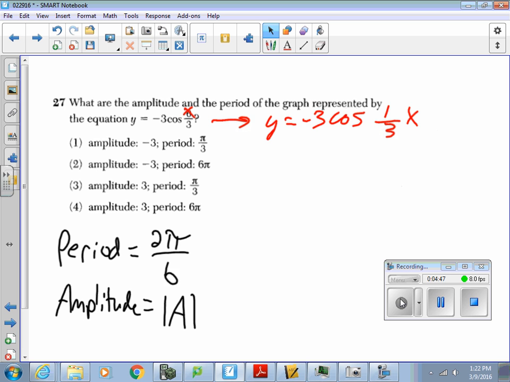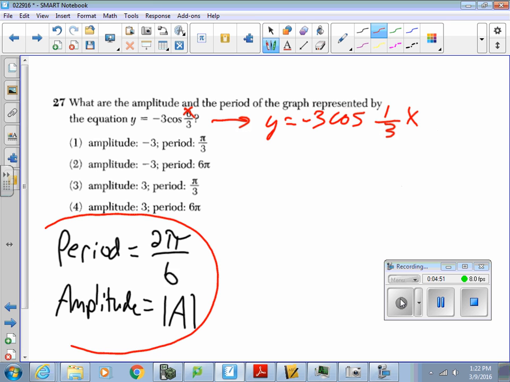That would be important. So I want you to write down these two formulas, so to speak. Well, one's really not a formula, the amplitude, but the period of a graph is 2 pi over b. So this is b, and b is always going to be the coefficient, or the number next to the angle that's being multiplied by the angle.